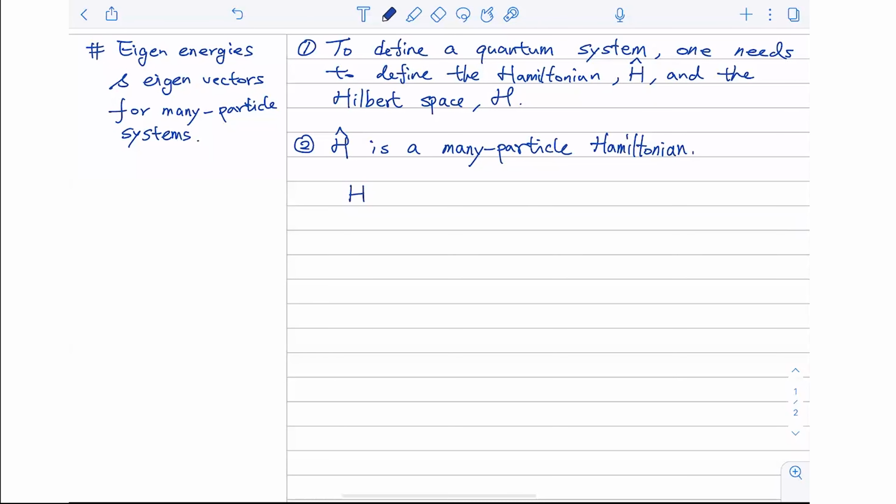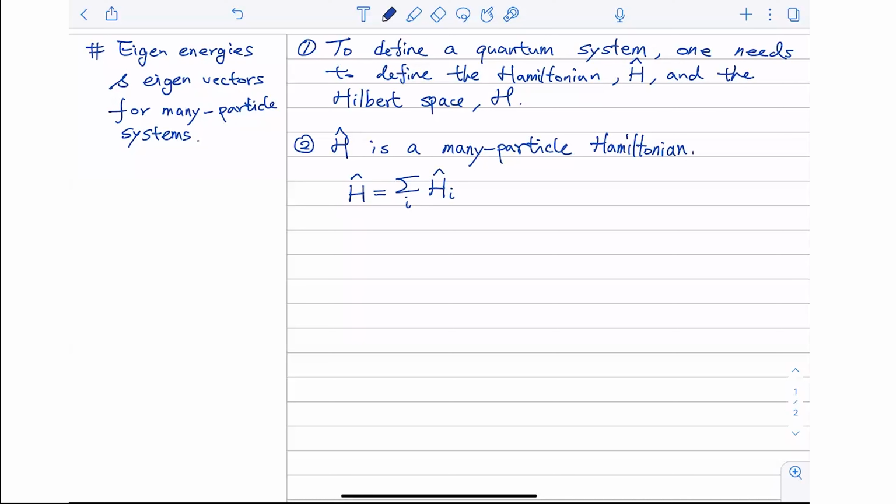If we are talking about a non-interacting system, we have several particles labeled by i, and each particle is described by a Hamiltonian H_i.